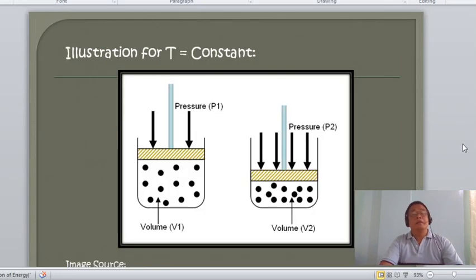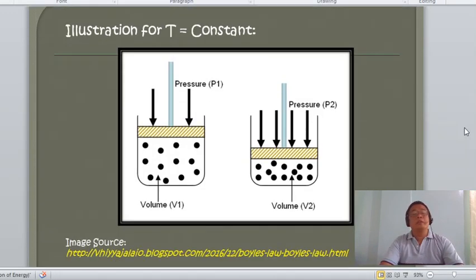This is the illustration of Boyle's law. We have the gas confined inside the container at pressure 1 and volume 1. If the volume is reduced to a certain amount, the pressure will also vary from its original pressure.